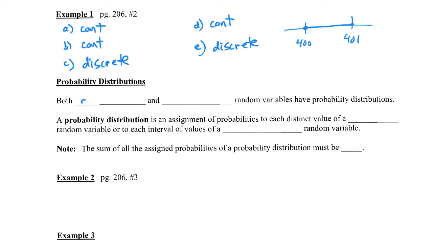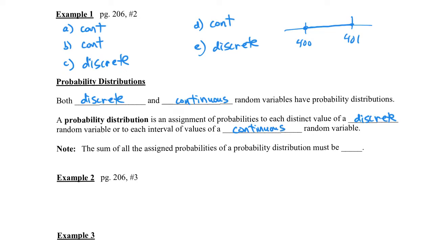It turns out that both discrete and continuous random variables have probability distributions. And a probability distribution is just an assignment of probabilities to each distinct value of a discrete random variable or to each interval of values of a continuous random variable.